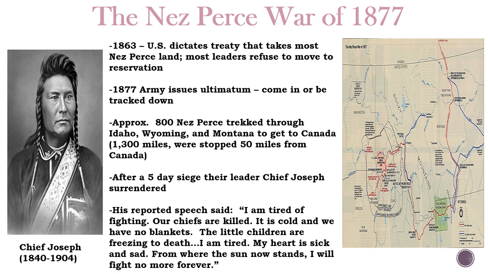But Chief Joseph and his band of 800, tragically, after marching with troops behind them and having to stop and fight battles from time to time, were stopped 50 miles from the Canadian border. So they came within 50 miles of getting to what they did think of as freedom.